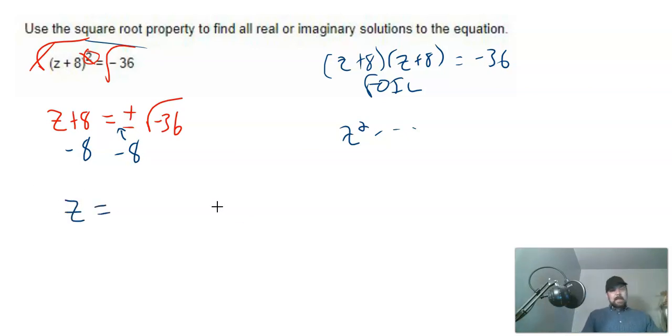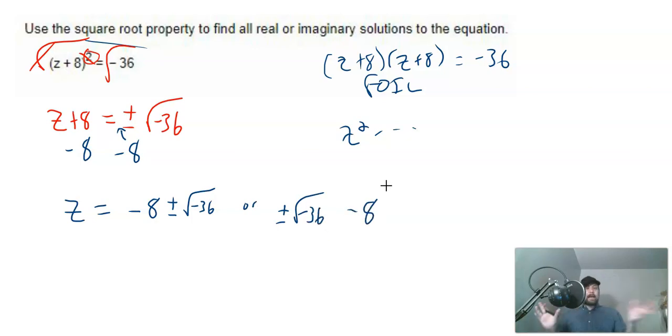And so technically you could also write it the other way. So I'm going to write it what I think of as the correct way first. But you could also have written it like this: plus or minus the square root of negative 36, put the minus 8 after. Mathematically, they're the same, but this just looks better to me. All right. Then we want to simplify the square root. So remember, the negative sign means this will be imaginary. So we get i square root of 36.